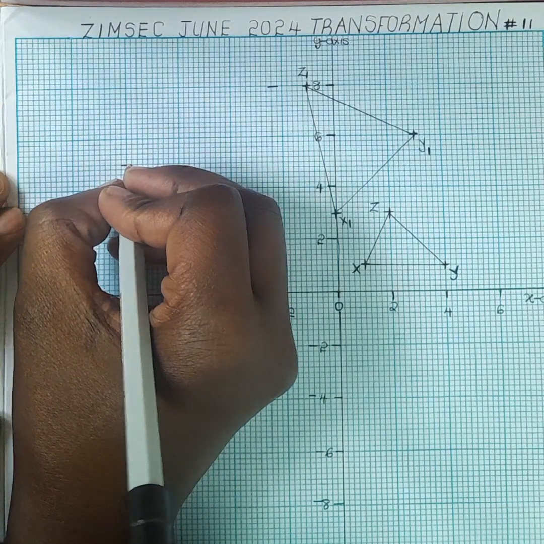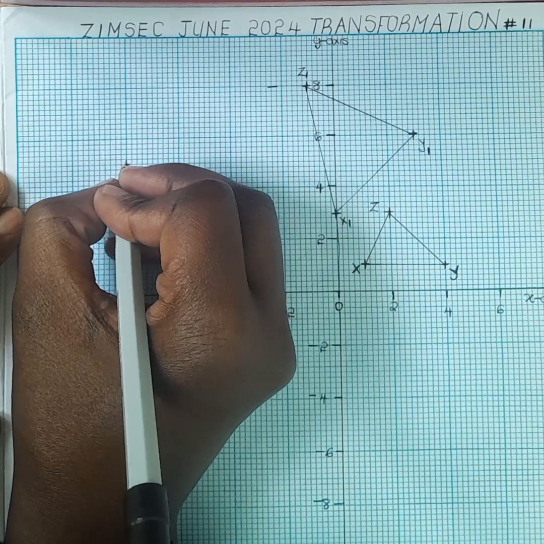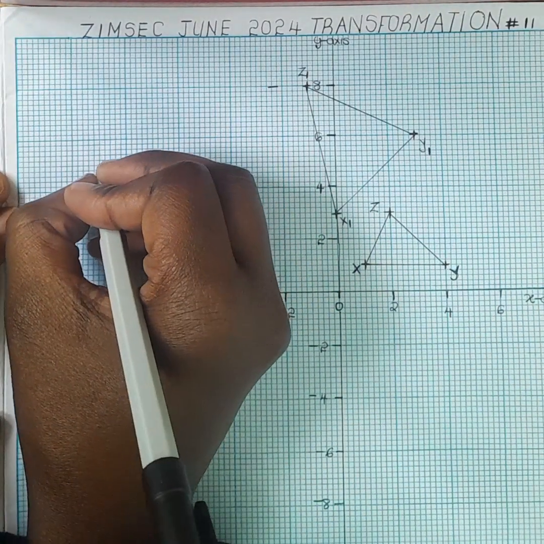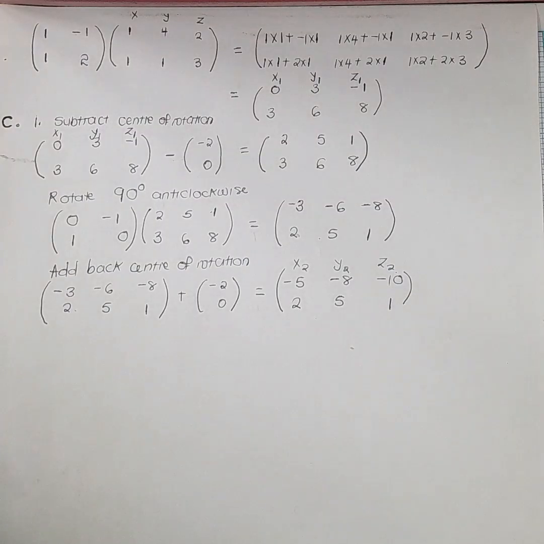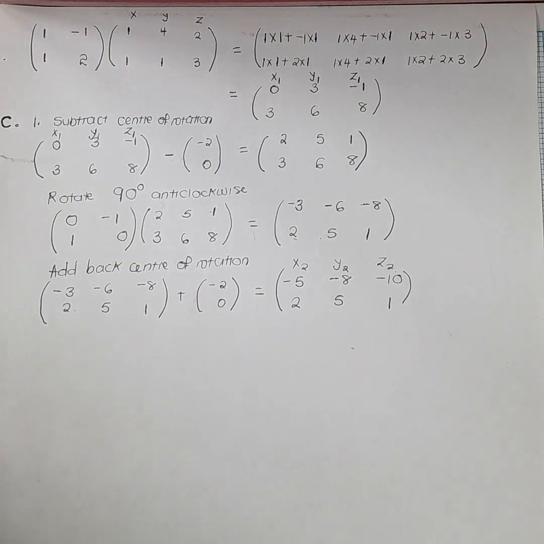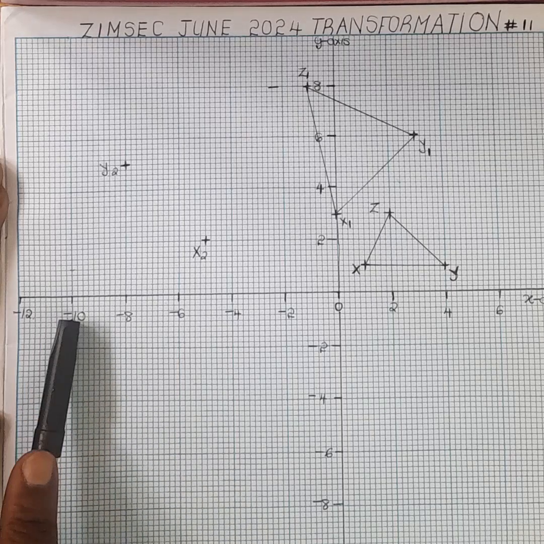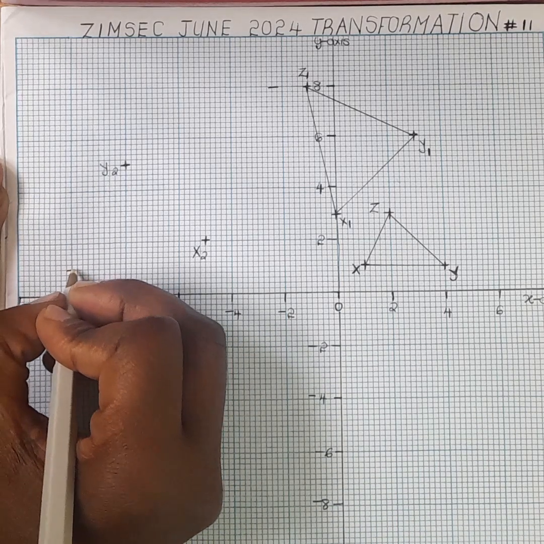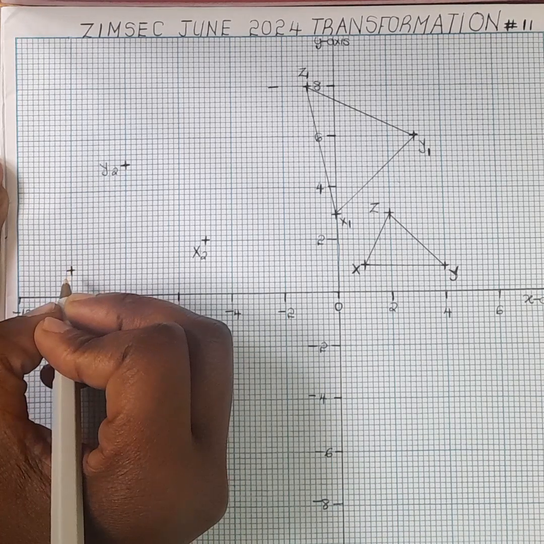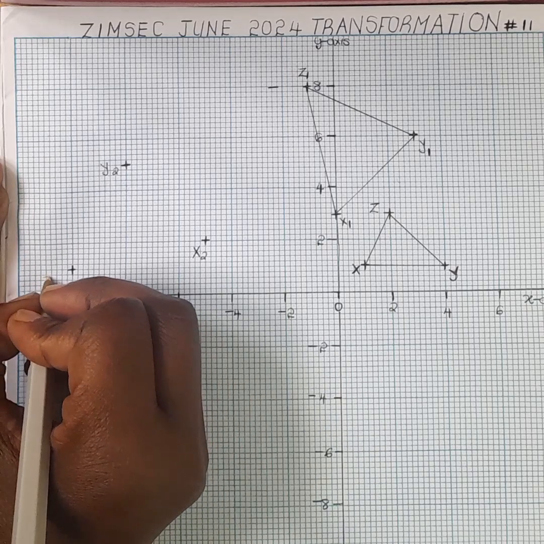It is going to be this point, and we label it y2. Finally, we have minus 10, 1. Minus 10 in the x-axis and 1 in the y-axis. It is going to be this point, and we label it Z2.